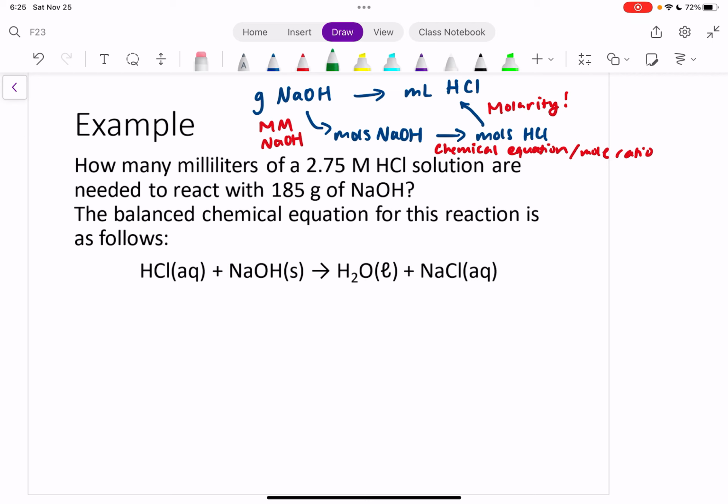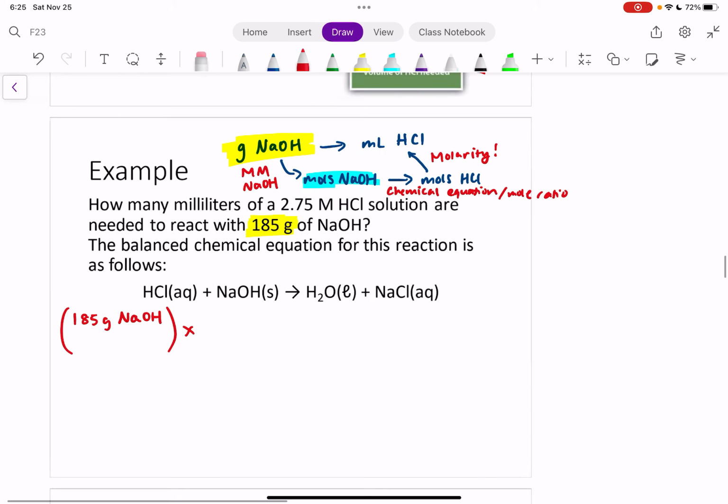Let's try this out. So we are in grams of NaOH. So we're over here, right? We have this many grams of NaOH. So we want to get from grams of NaOH to, what's our next step? Yeah, we want to get to moles of NaOH. Let's color code that. We'll make it blue. So we want to get to moles of NaOH from yellow to blue. So we need our molar mass of NaOH.